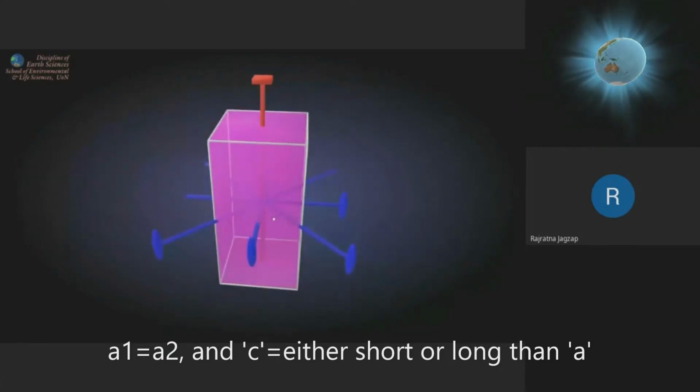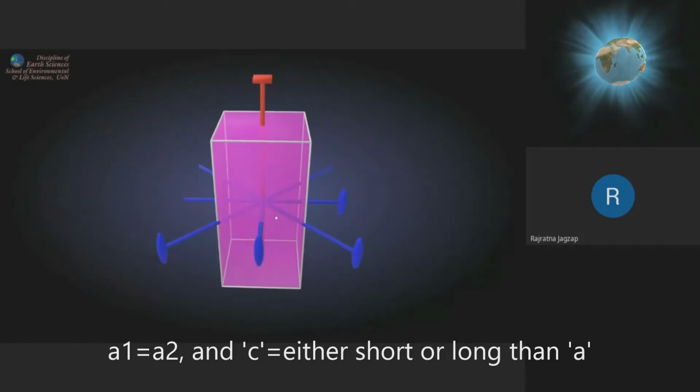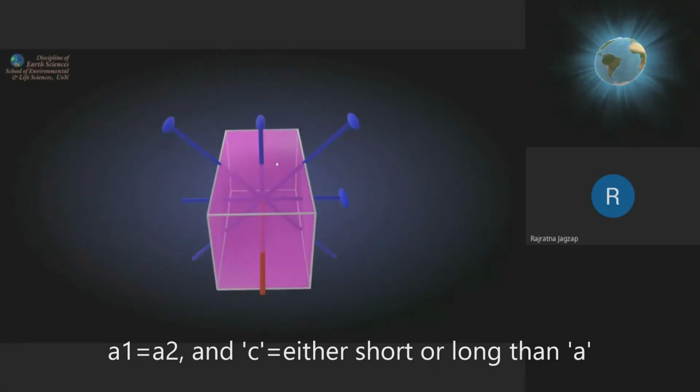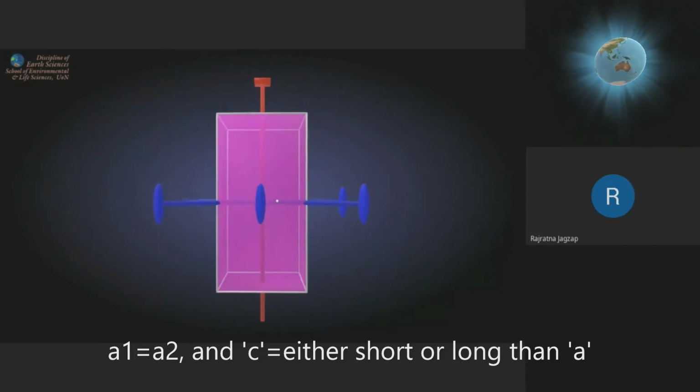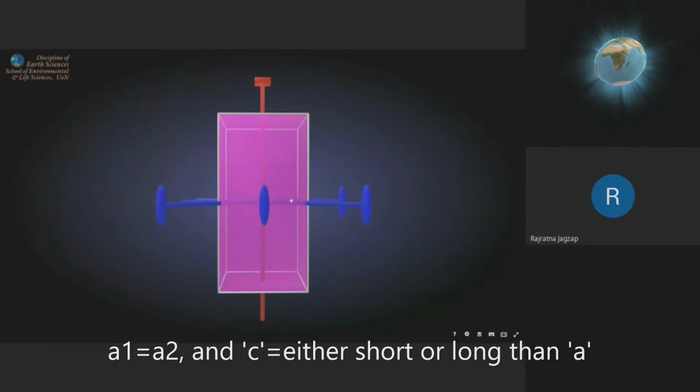This is the change. As length of this axis, vertical red axis, has changed, it has increased. So instead of square shaped face, which was there in cube, this face becomes elongated and it forms a rectangle.